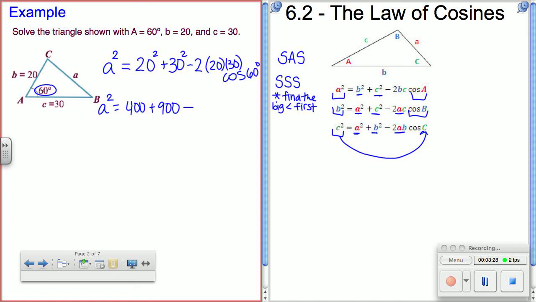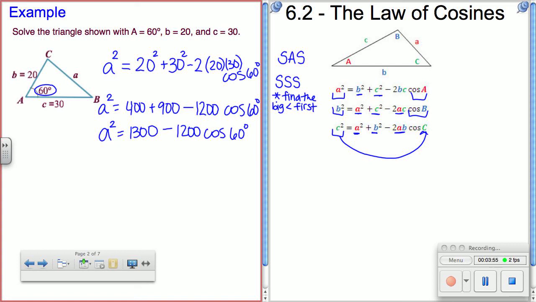I'm going to multiply 2 times 20 times 30. Remember, we have to be careful with our order of operations. 400 and 900 is 1,300 minus 1,200 times the cosine of 60.